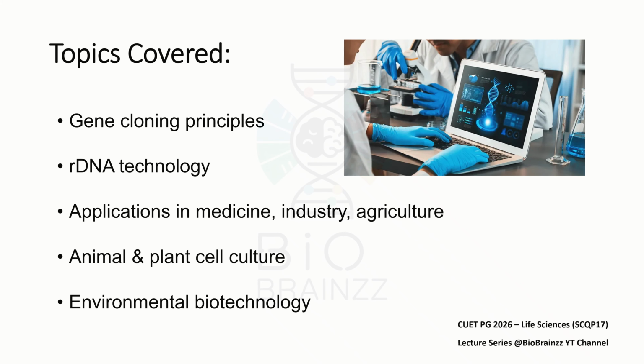Next, we will discuss plant and animal cell culture systems that enable controlled biological production. Finally, we will explore environmental biotechnology, focusing on pollution control and sustainability. The sequence mirrors the concept progression from molecular mechanisms to applied technologies.